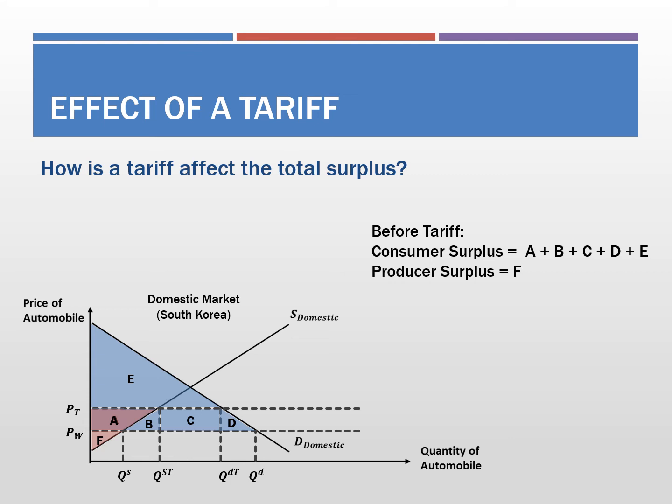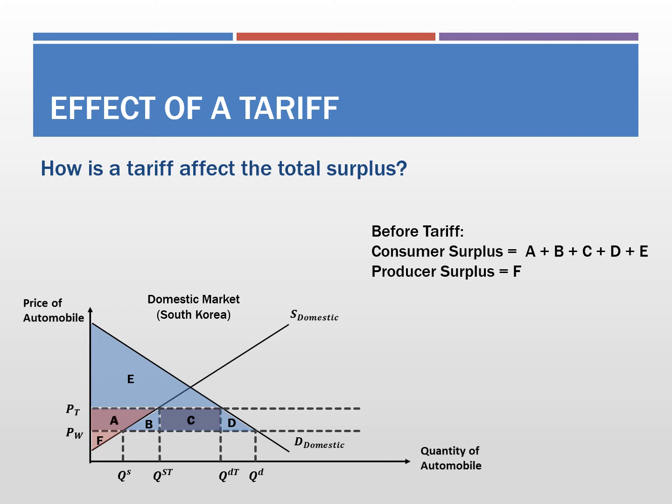Now the question left to us to answer is, what about area B, C, and D? So we want to think about those areas and how that welfare is being treated in this tariff case. Well, first of all, you want to think about area C, the rectangle.